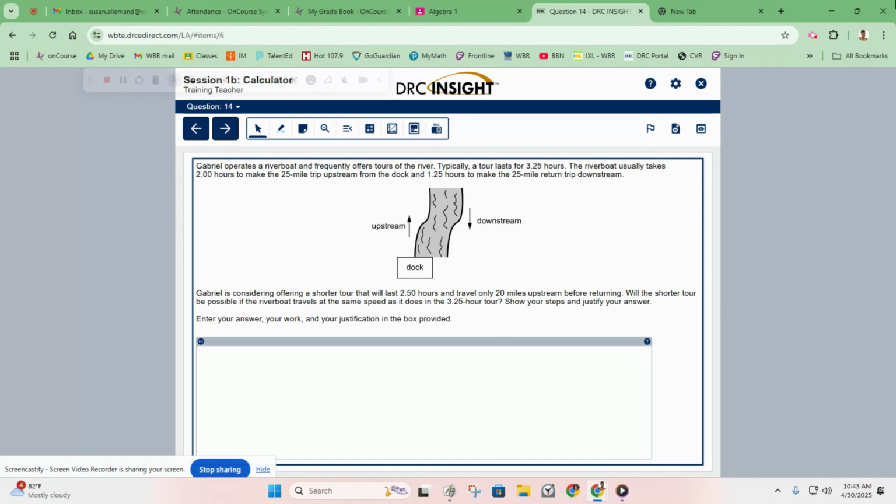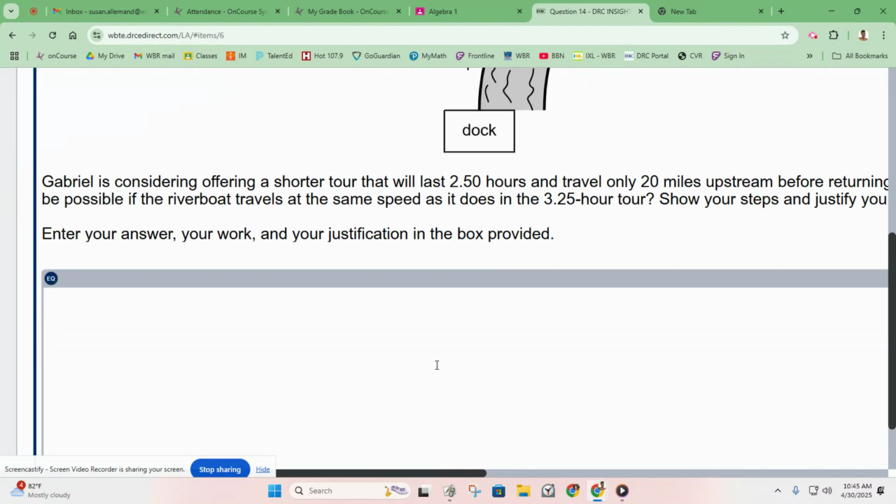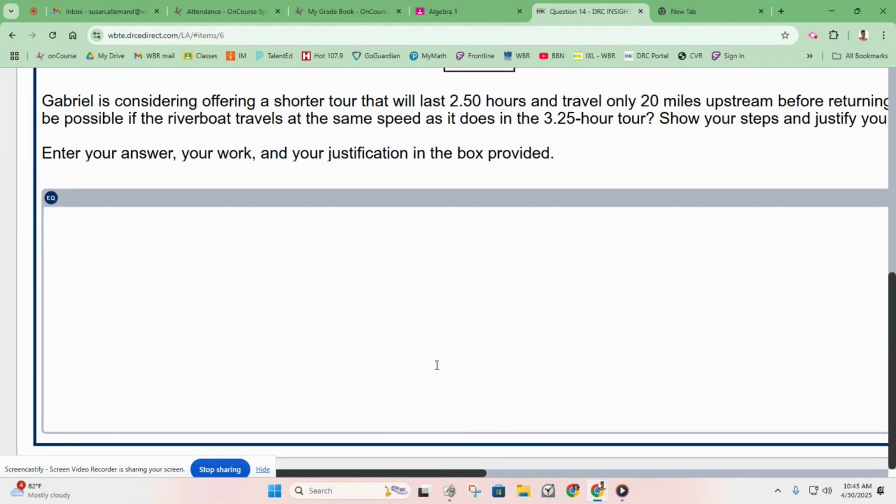So here's what we're gonna put in the box, and I am gonna zoom in so y'all can see. I'm just gonna type this formula out: distance equals rate times time.